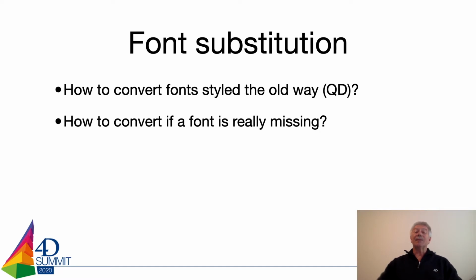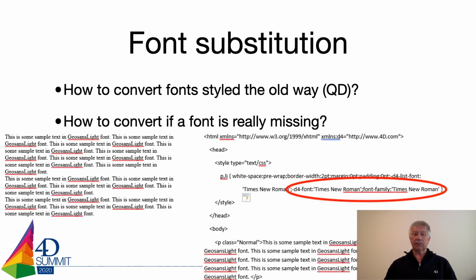But there is a real font substitution we introduced with V17 R5. Before, if a font name was missing or if a font was completely missing, all font names in the document were replaced by the so-called substitution font. Let me explain this with an example. The original document on the left originally had a sans serif text.